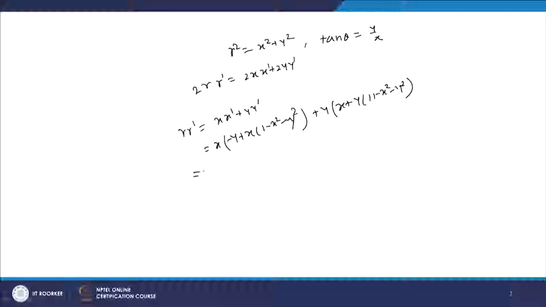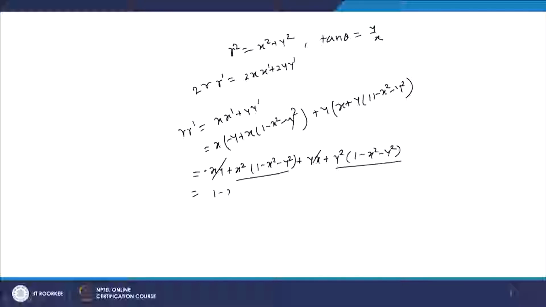We can simply write this as minus xy plus x square into 1 minus x square minus y square plus yx plus y square into 1 minus x square minus y square, and the xy terms cancel out. What is left is x square into this plus y square into this.